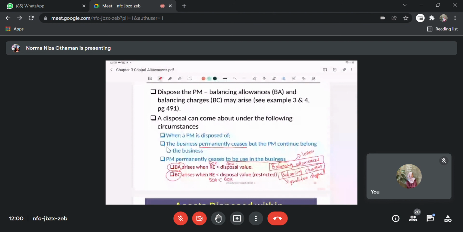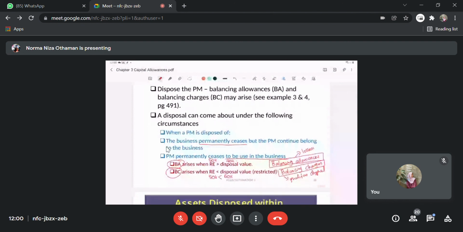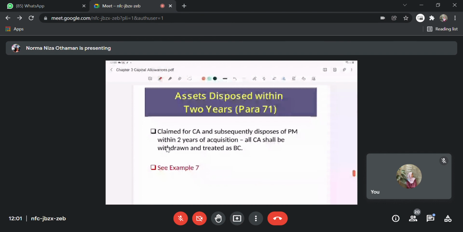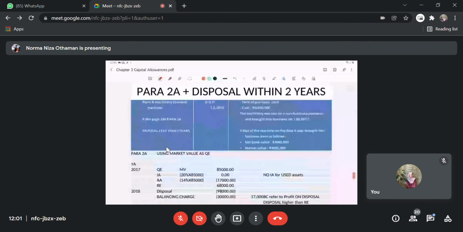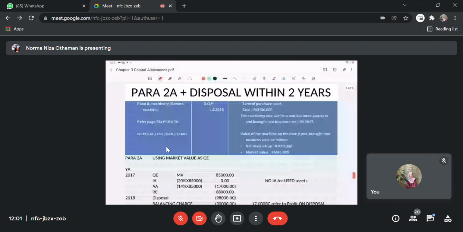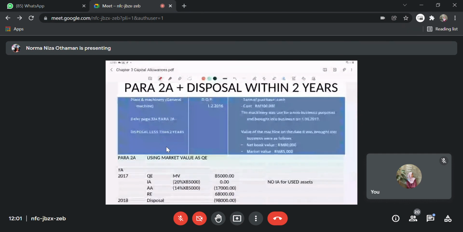Okay. Is it clear? Can we move to the example? Boleh. Okay, example yang pertama kat sini, kalau you tengok condition dekat slide ni, saya ada mention dia untuk condition paragraph 2A dengan disposal within 2 years. Okay, boleh nampak ke guys dia punya item dia tu? Right.